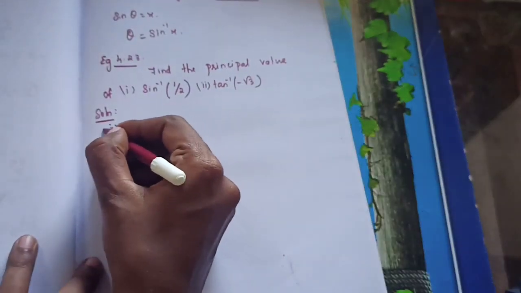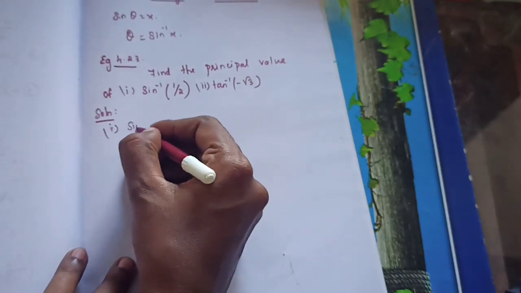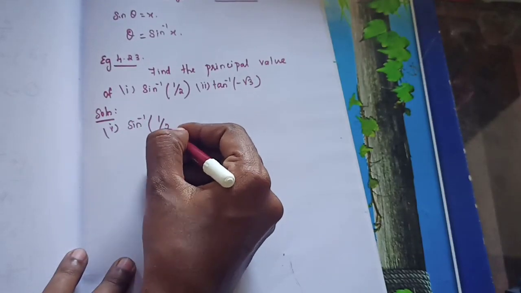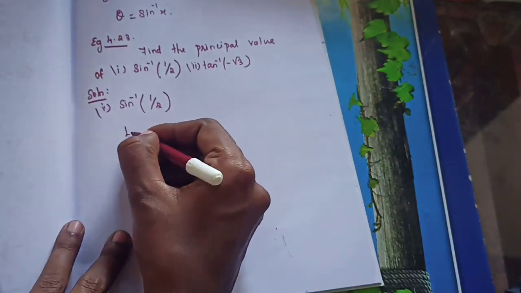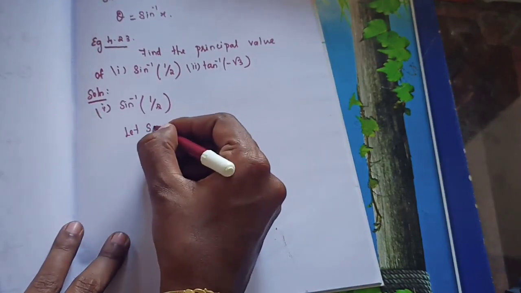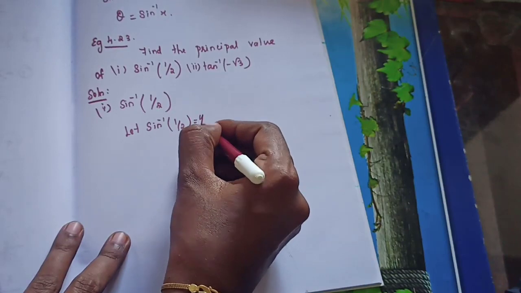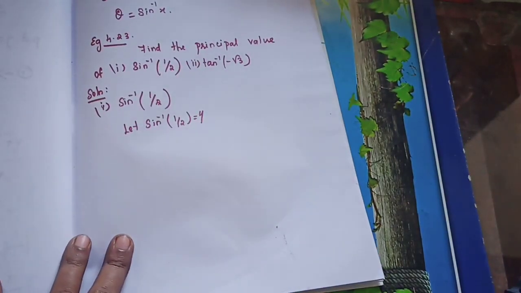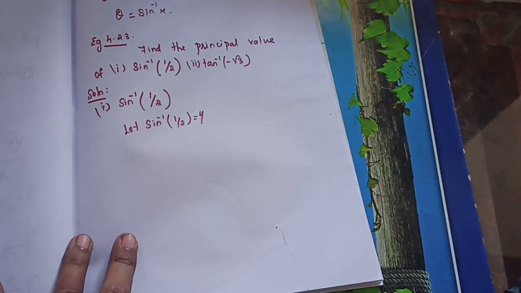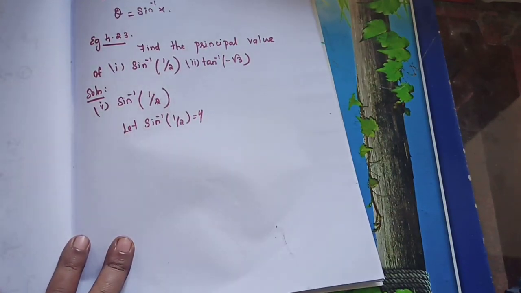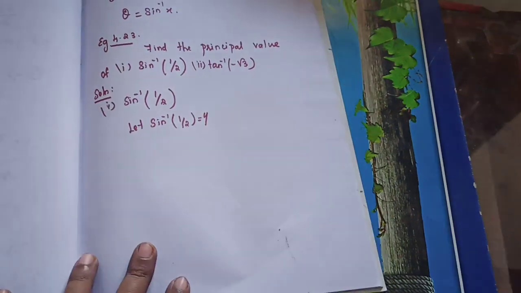First one, sin inverse of 1 by 2. Let us take this first as: let sin inverse of 1 by 2 equal to y. So for sin it will be the sin inverse of x. What about the range? You need to learn the range, then only it will be very easy.